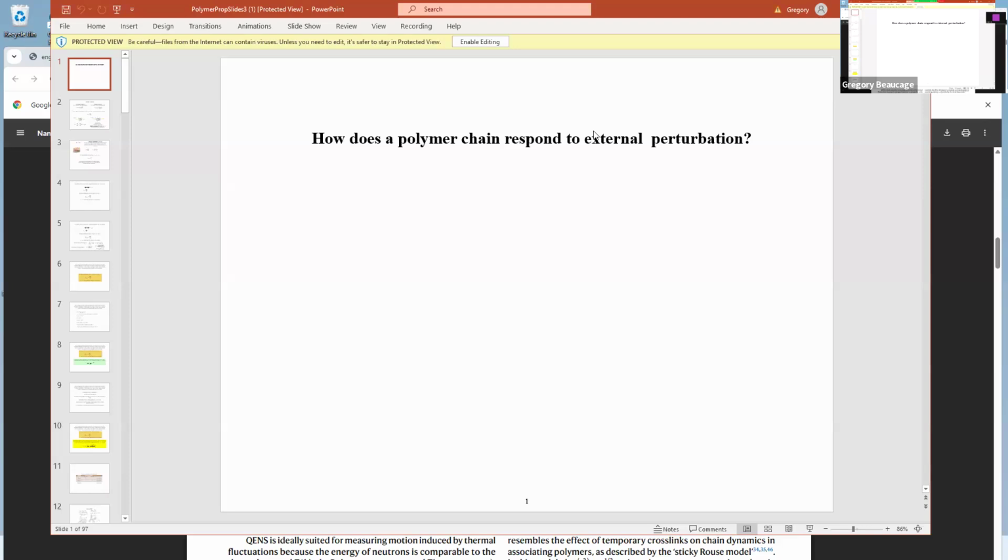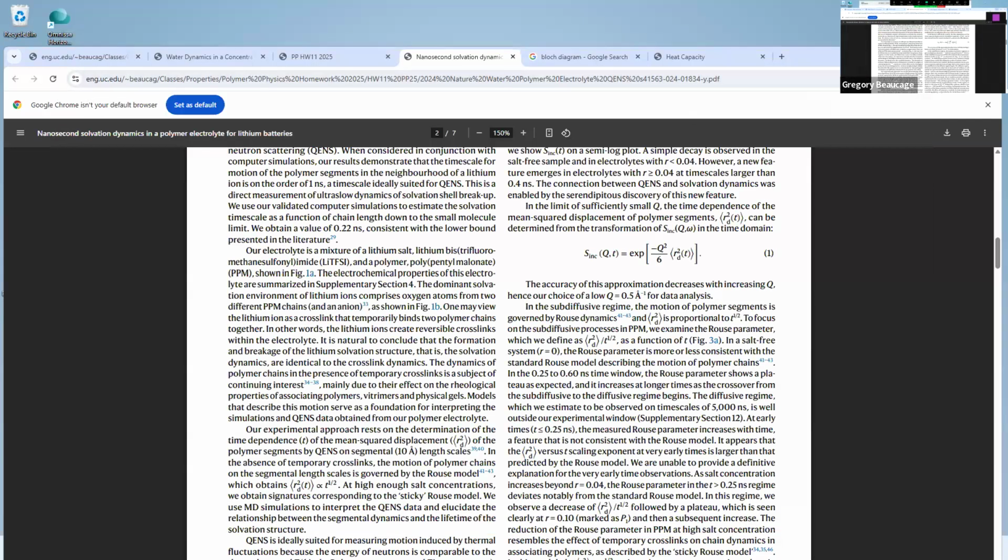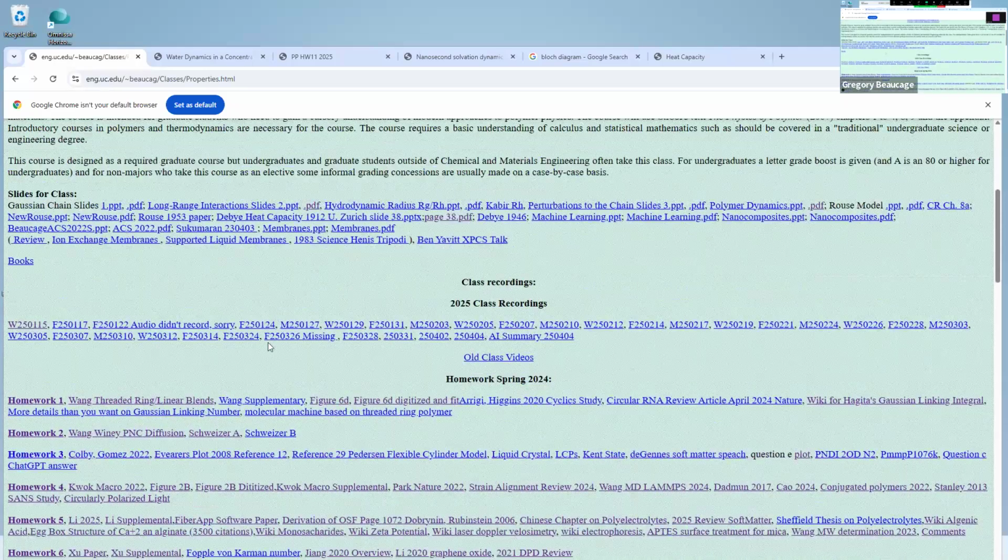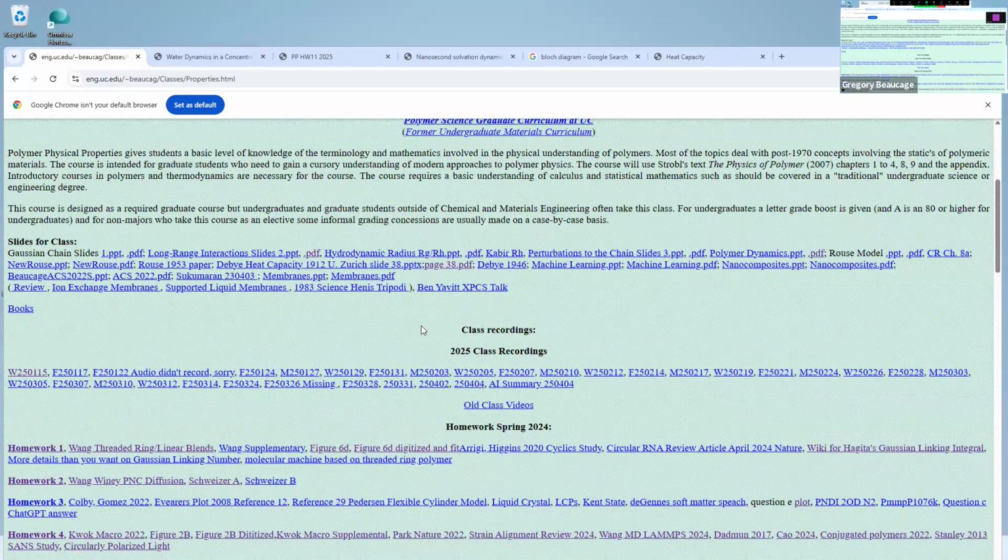But maybe since we got like 5 minutes and this other thing might take more than that, let me just see what I got and also get suggestions if anybody has anything they want to do. So I have notes on membranes here somewhere. Rouse, I have nano composites.